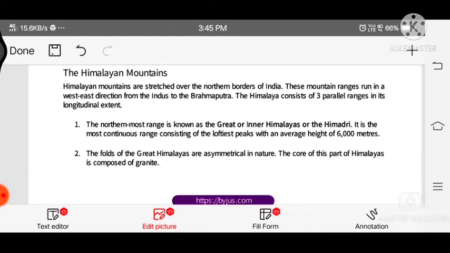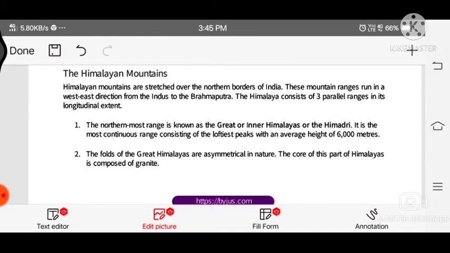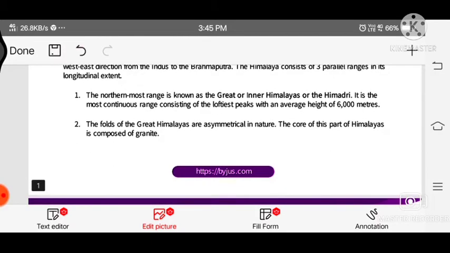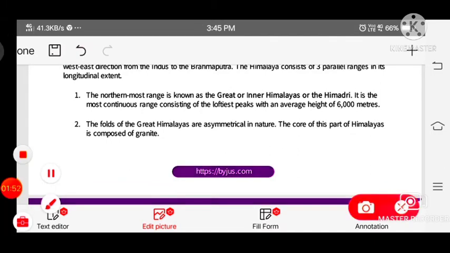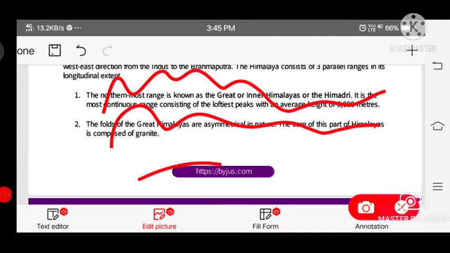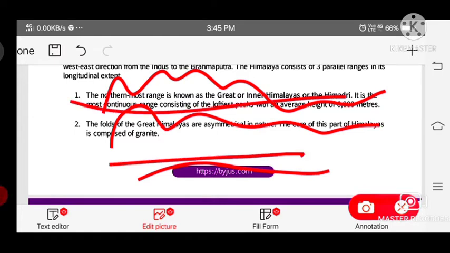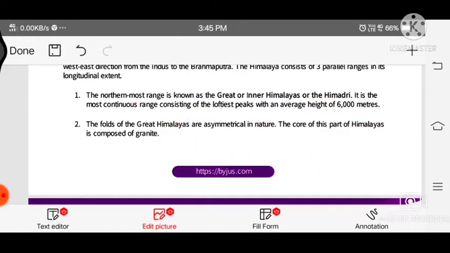The Himalaya consists of three parallel ranges in its longitudinal extent. So the Himalaya has a first range, then a second, then a third. The Himalaya carries three layers of parallel ranges. The northernmost Himalayas are known as the Greater or Inner Himalayas, or the Himadri.